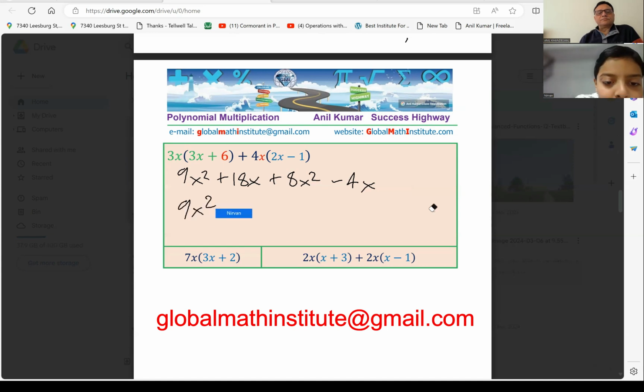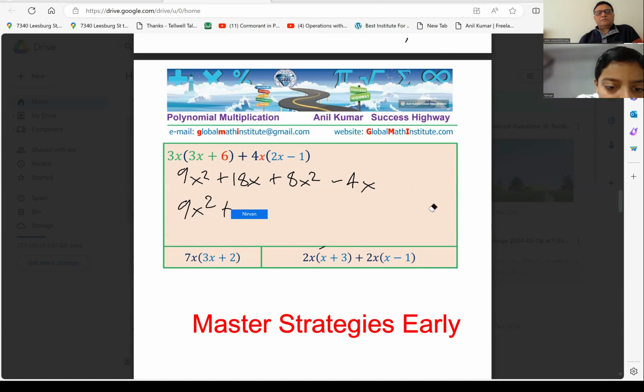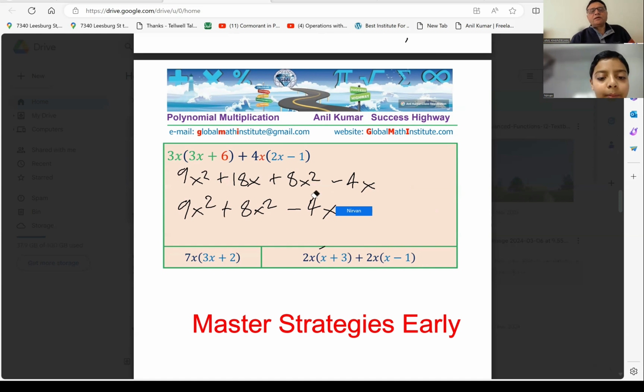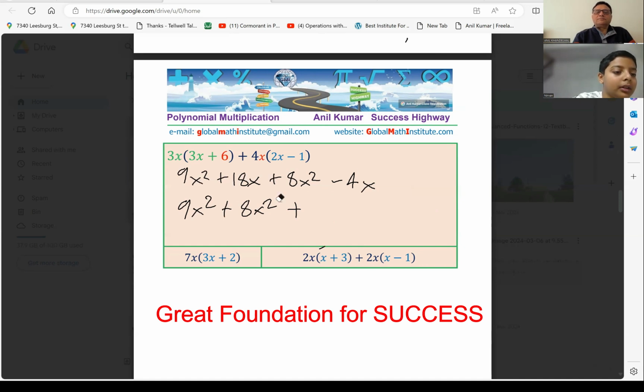9x squared plus 8x squared minus 4, copy as a plus 18x minus 4x. So you want me to just do the bigger one? No, in order, from the order. Whatever was written first, so that you don't miss. 18x is way bigger than minus 4x.